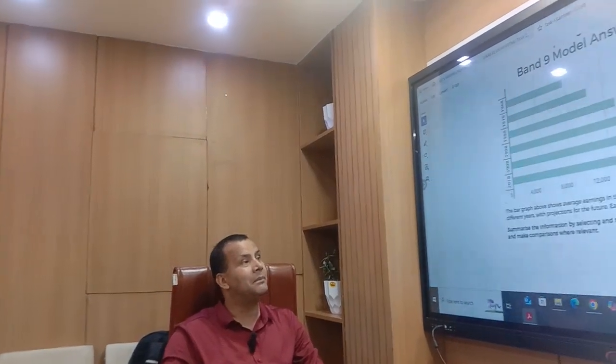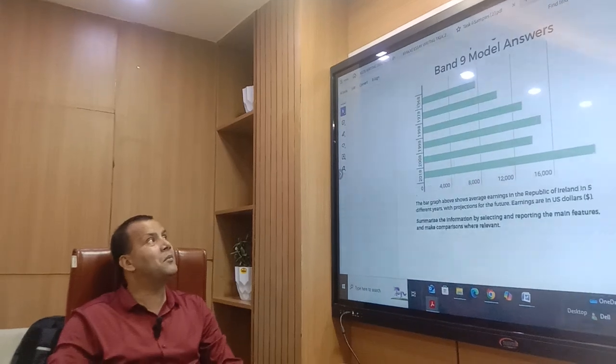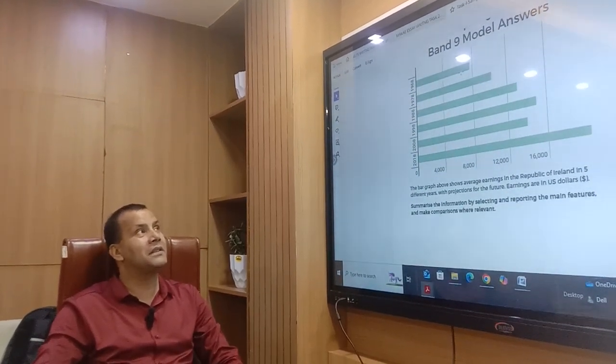Now, after mentioning the overall paragraph, you have to show the differences and similarities. How should you show differences and similarities? In 1968, the average income of the people in Ireland was less than $8,000.